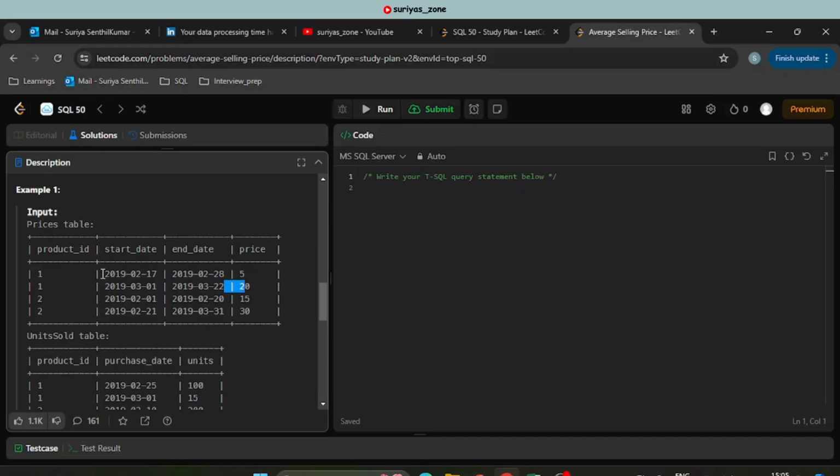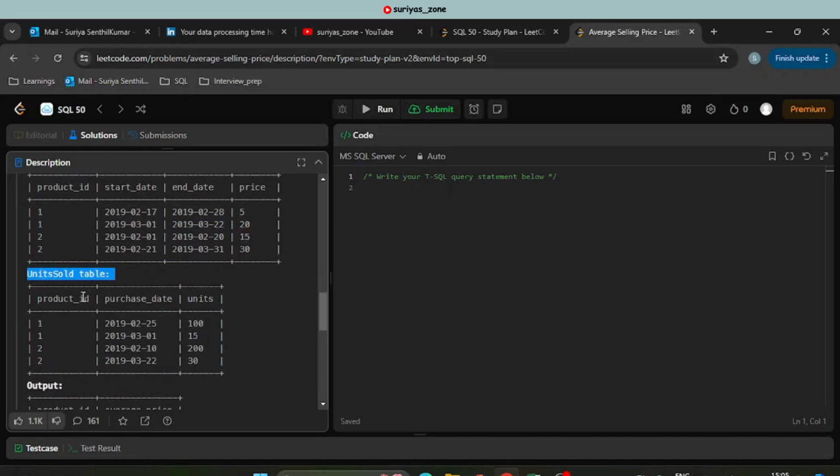Then in units sold, let's say the first time the purchase date is 2019-02-25, which lies between these two dates. During this period the price is 5 rupees and the total units sold is 100.